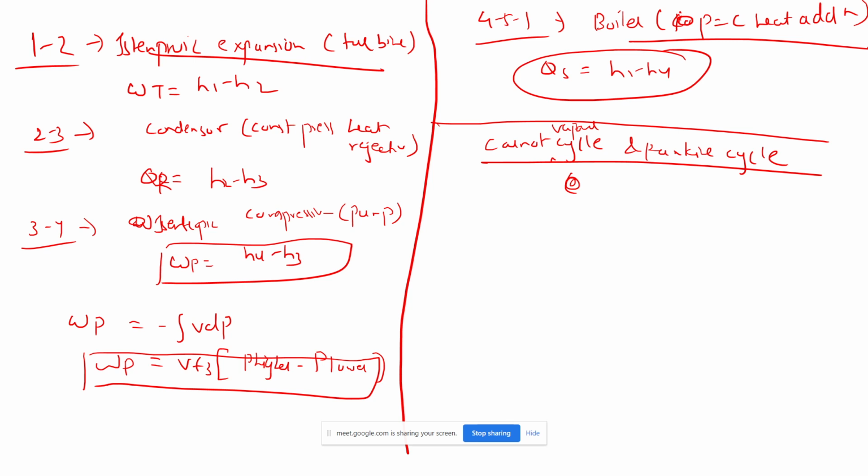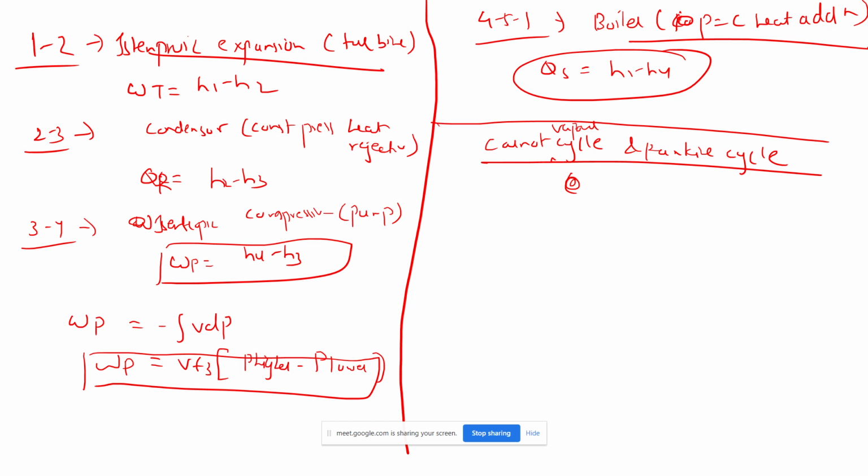Yeah, ideal cycle, but there may be some reason. Yeah, constant temperature process, sir. The main reason is that the mean temperature of heat addition in case of the Carnot cycle is higher compared to the Rankine cycle.